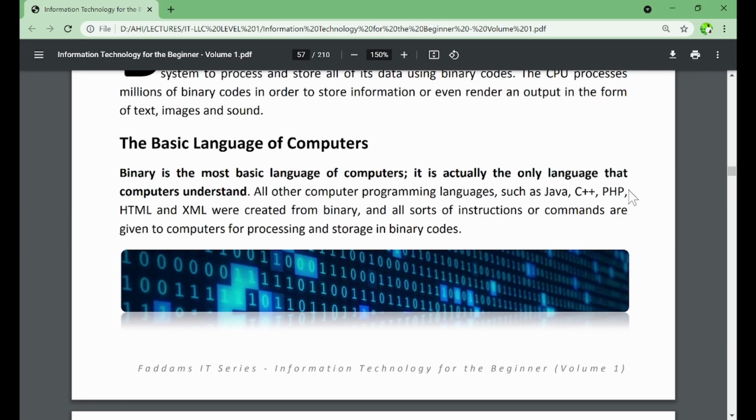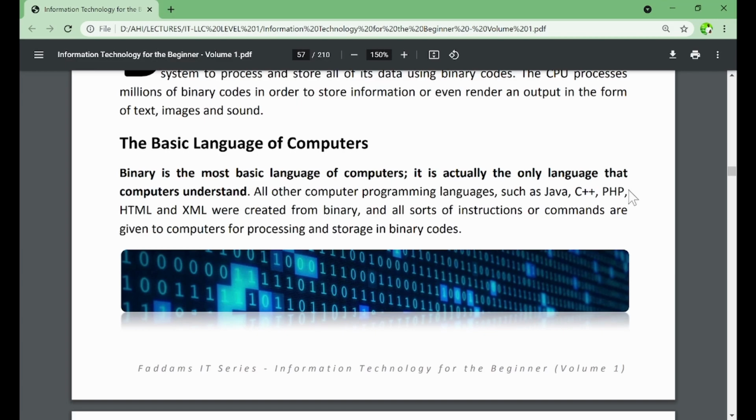It's the most basic language of computers. As a matter of fact, computers only understand binary. Computers don't understand any other language apart from binary. Any other programming language out there will be converted into binary before the computer will operate on it.